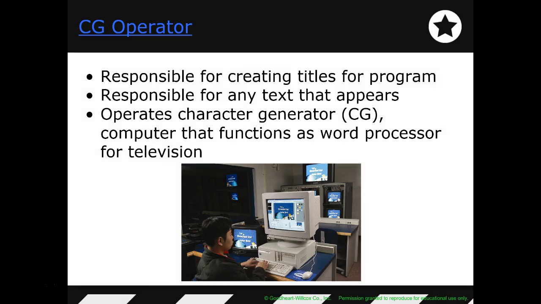CG operator, kind of like the graphic artist, except these are real simple character graphics, or character generator. So these are the things where words pop up on the bottom of a screen or on the side. They're making really simplistic graphics that don't need special effects or a super duper creative touch.